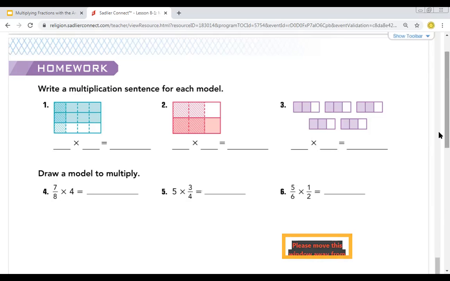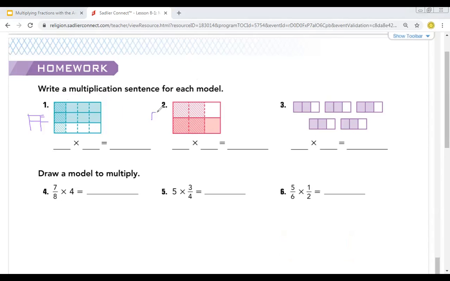But then numbers 4, 5, and 6, you're drawing the model. So look at number 1. Is that a fraction of a fraction or is it whole number grouping? Okay, this one is fraction of fraction. So maybe label it for yourself, fraction of a fraction. And I know that because there's still only one whole here, one whole having 12 parts, right? A whole represents 12 parts, and I don't have 12 parts. So I know that my fraction is going to be a piece of a piece.